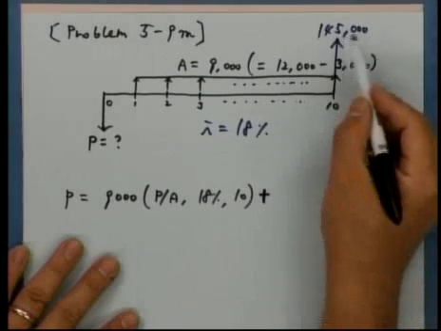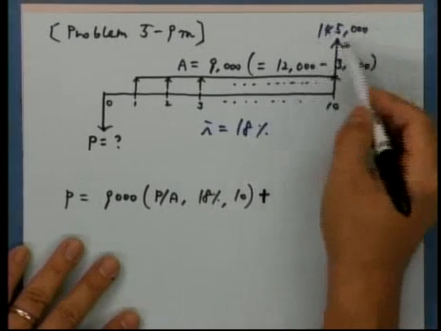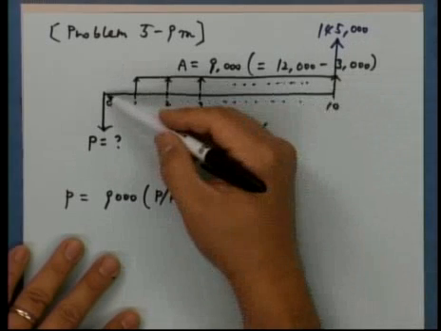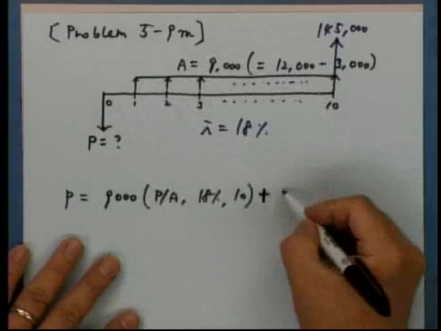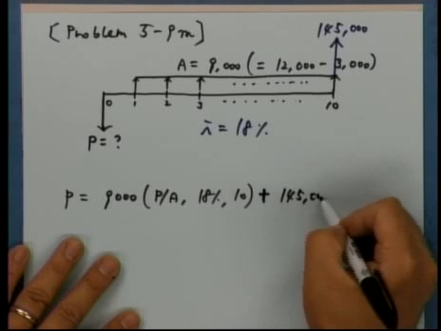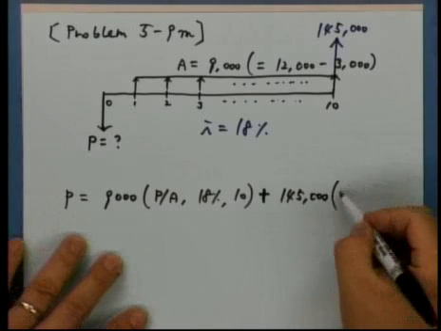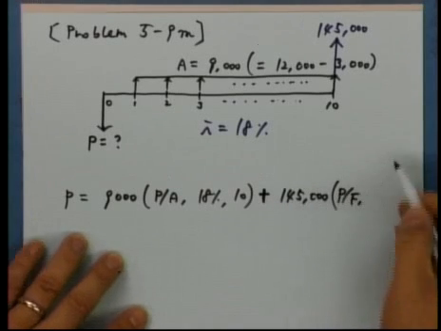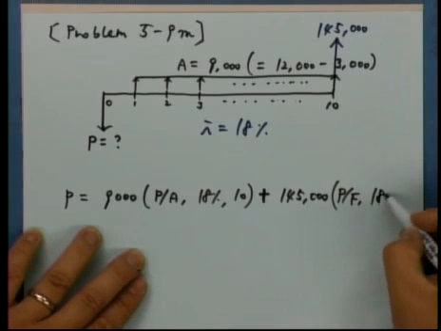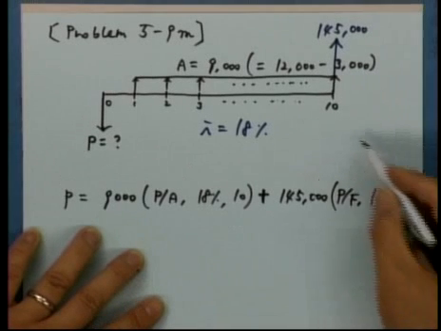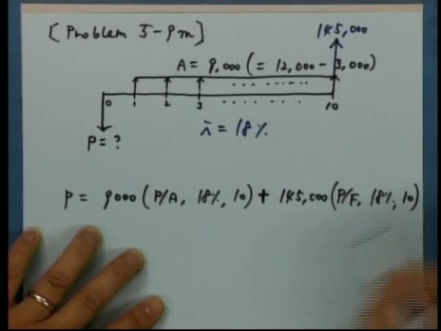And also you need to convert this future sum of money to the equivalent present sum of money P, right? So 145,000 times P given F, 18% over 10 periods.